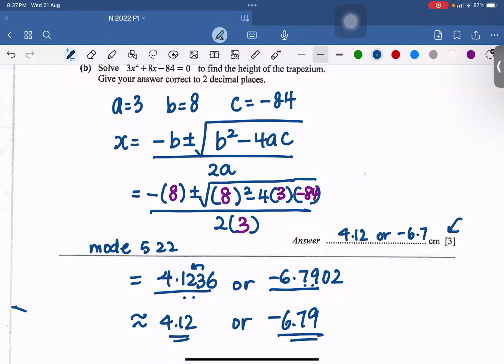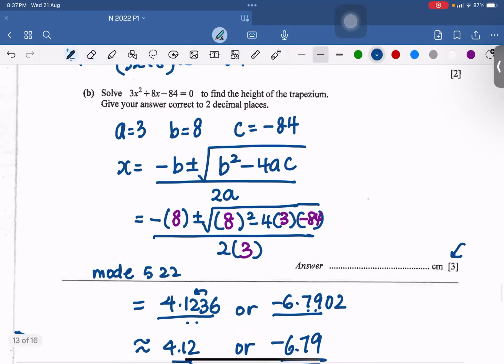Hey, wait a minute. Am I going to accept both answers? The question over here says give your answer, they never say answers. And the next part of the question says find what? Height, right?